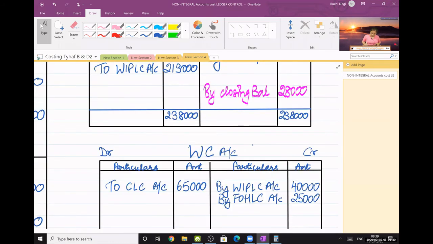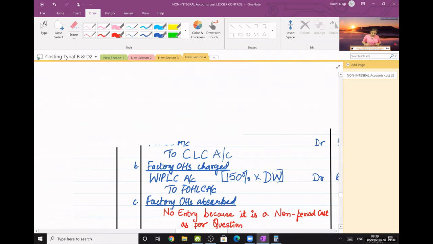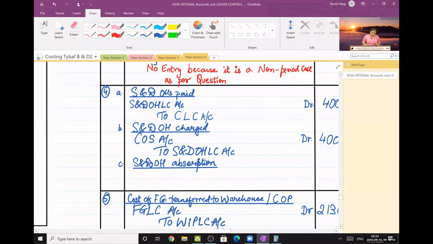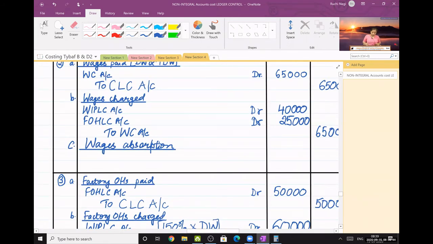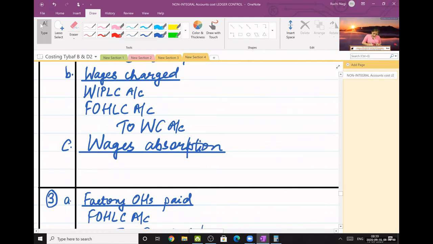Just write your tally. So come to your journal entry. Yeah, journal entry, come to journal entry number 2C. Okay. Yeah. So right here, no entry. Wages absorption, no entry.